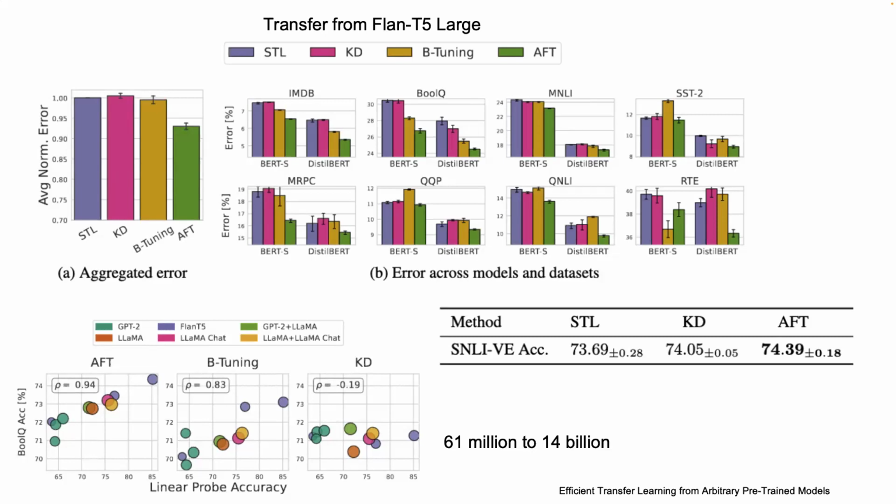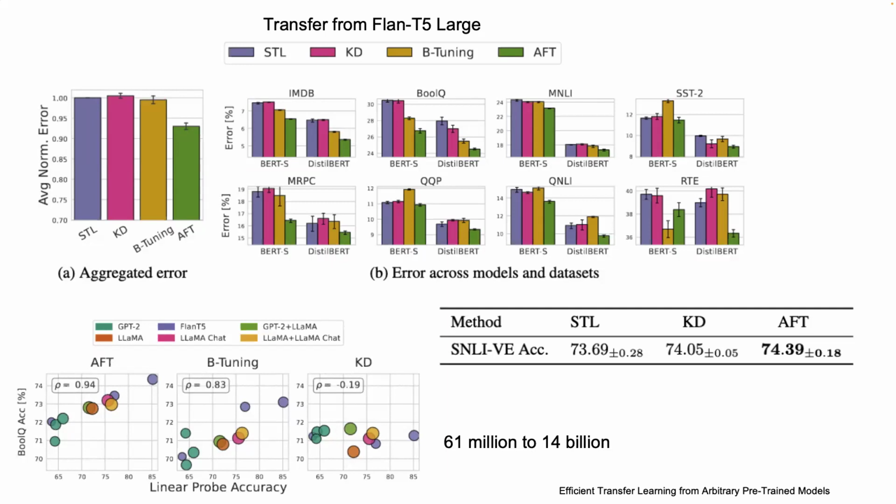Here we show the results from the NLP front, where we tested different sentiment analysis tasks. AFT is our method, and we combine it with other knowledge distillation, BERT tuning, and also the vanilla one from the original paper, and STL means standard transfer learning. We find that our method does show a lower error. The lower the better, because we are plotting the error.